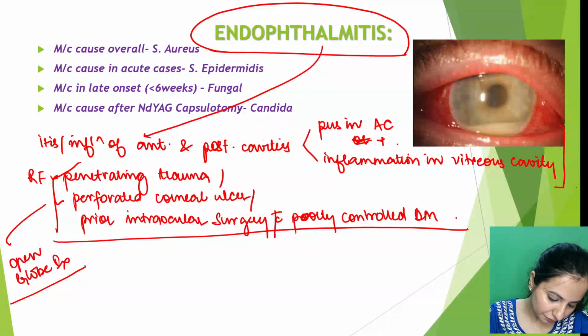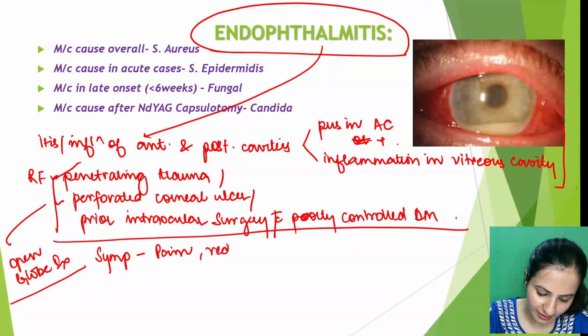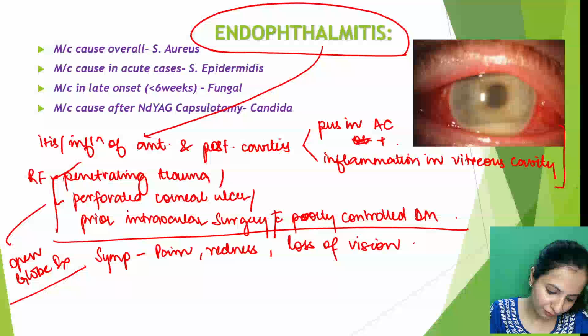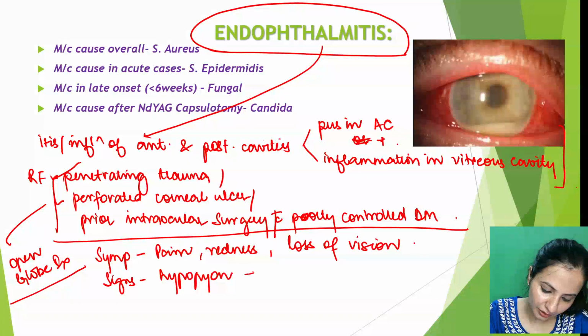Now, how will the patient present? So symptoms will be pain, redness, and loss of vision. Signs I have told you. Signs will be your hypopyon and your vitritis.